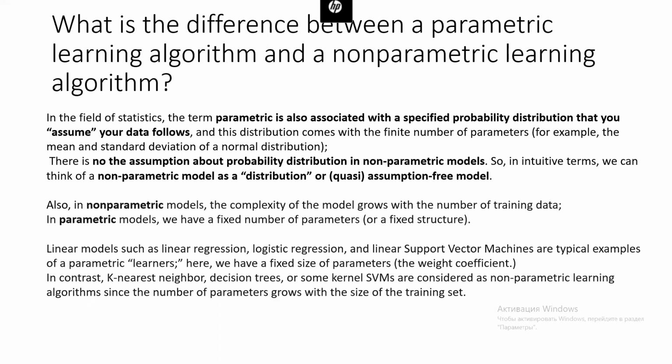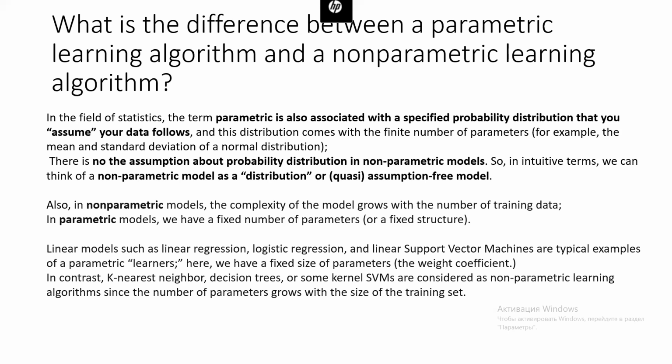But in non-parametric learning methods, we don't declare assumptions about our data. We are working without any statistical properties of the data set. We're working with the data itself, without assumptions.